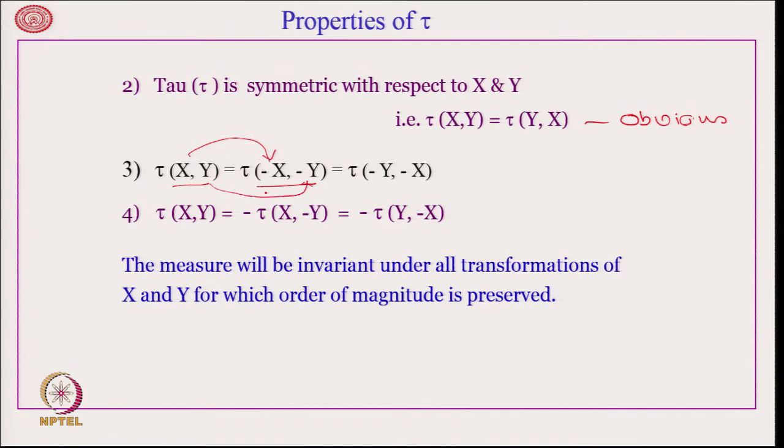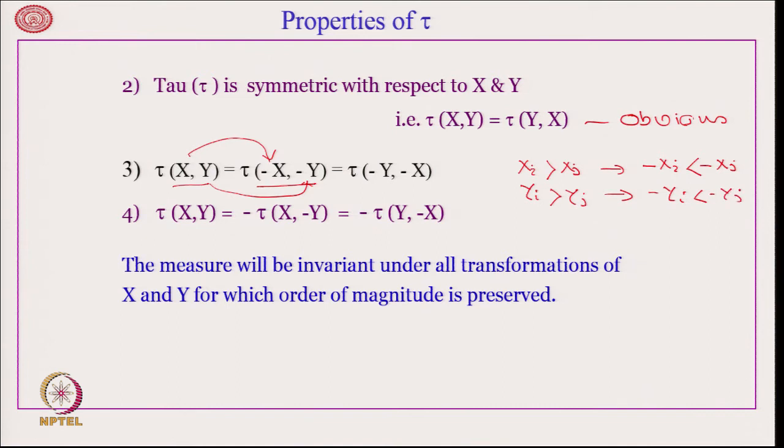Therefore, the relative values, if x_i greater than x_j, will now change to minus x_i is less than minus x_j, and similarly y_i greater than y_j implies minus y_i is less than minus y_j.